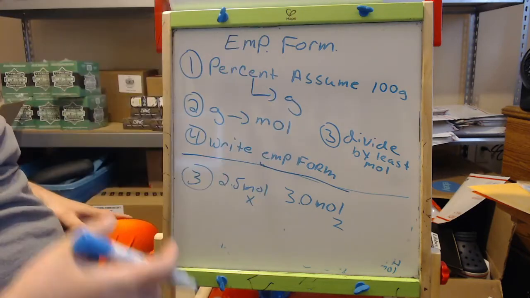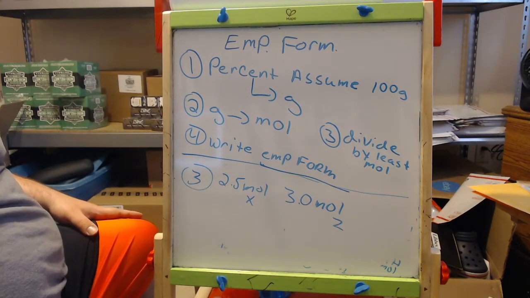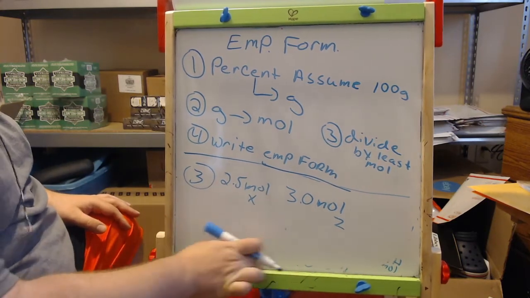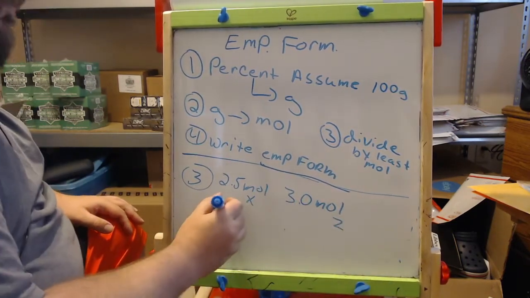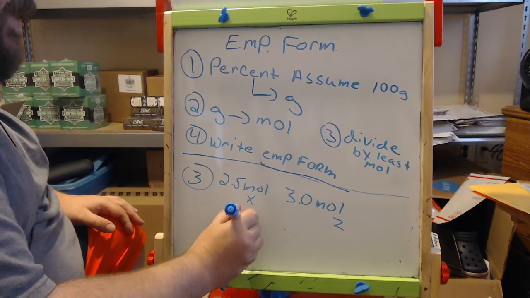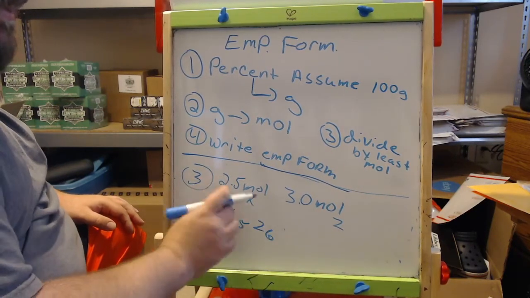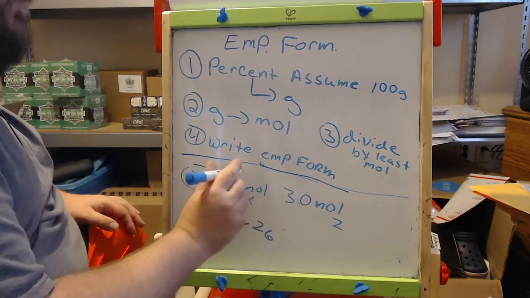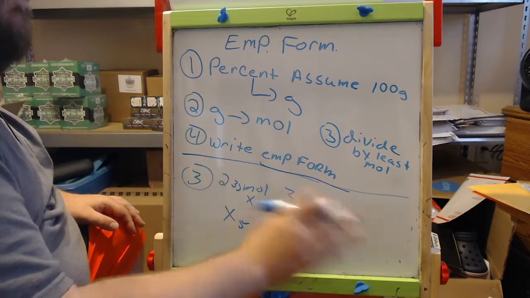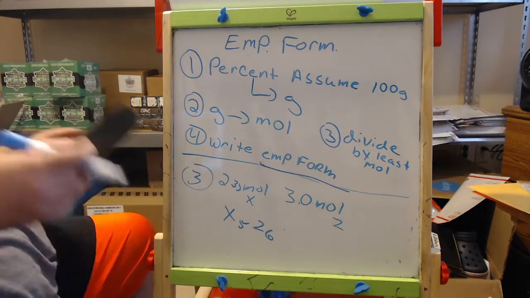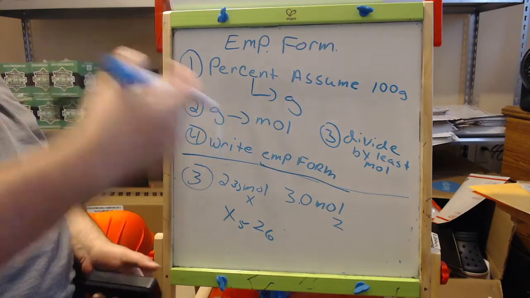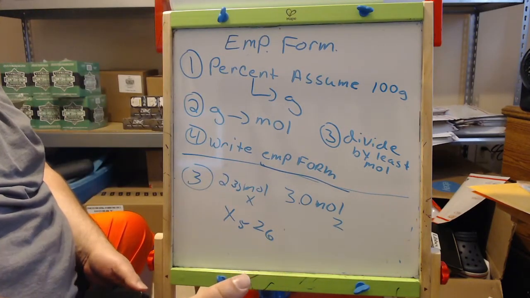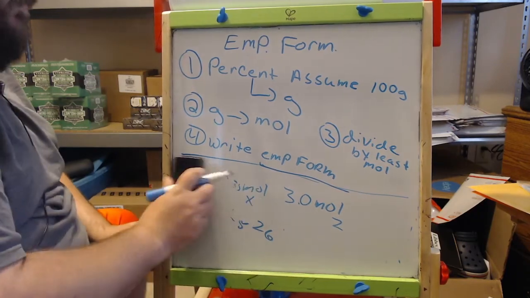But if it's like 0.9, 0.8, something like that, you could round it up. But in real life, they're not going to work out that way. So really, our empirical formula would be X5Z6, because I would multiply everything by 2 to get rid of that. If it was 0.33, I'd have to multiply everything by 3, and so on. 0.25, multiply everything by 4. But if it's like 0.9, 0.8, 0.01, something like that, it's okay to round.